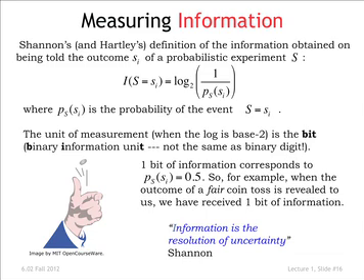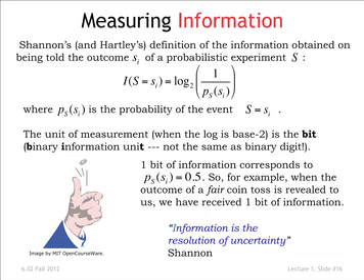The log is useful because that allows you to have the information given to you by two independent events being the sum of the information in each of them. Okay, and the calculation is just this.